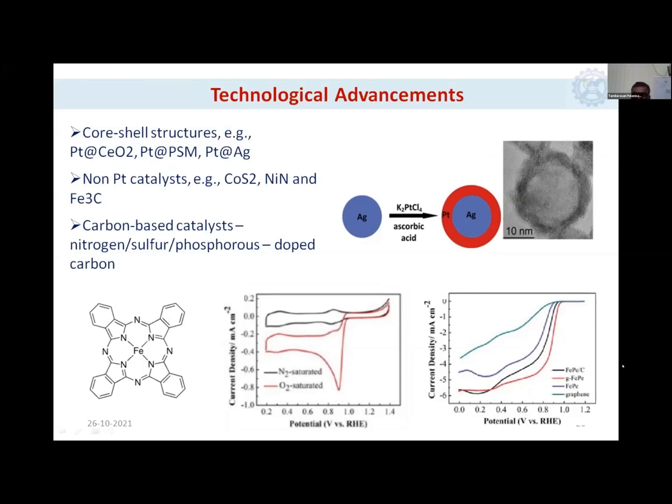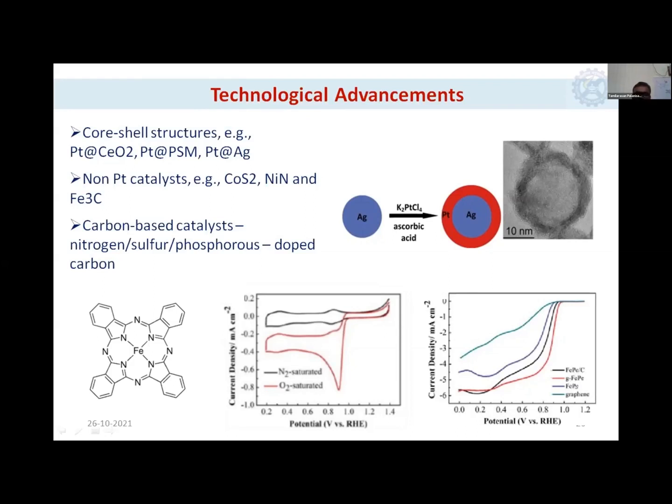And while comparing it with the commercial catalyst or other Pt, of course, it is not compared with the Pt, compared with graphene. You are seeing here the black curve. It is iron phthalocyanine, iron phthalocyanine carbon mixture, and here it is the graphene with iron phthalocyanine.